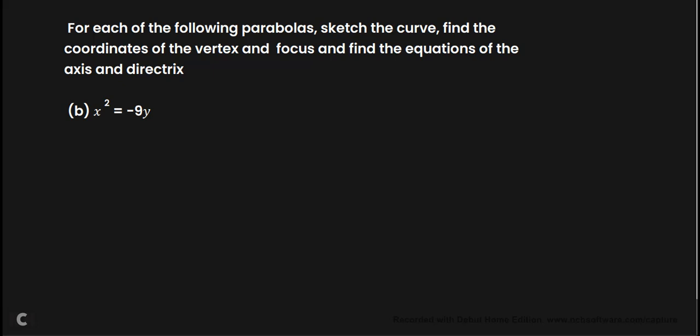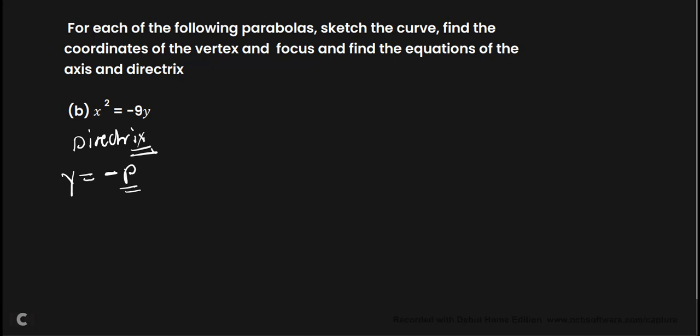So in this part, it shows that our directrix is on the y-axis, so it will be equal to negative p. So we need to calculate this p. How do we calculate p? Let's write the standard equation for this.